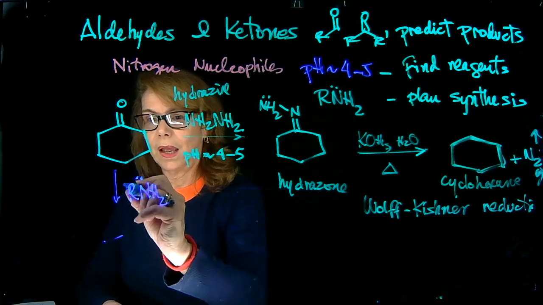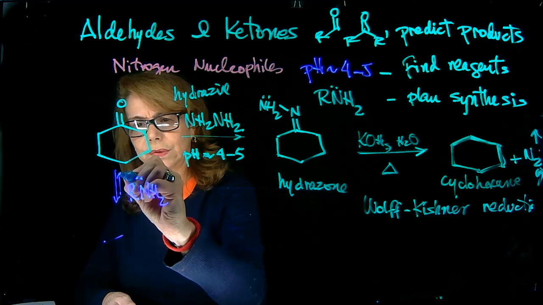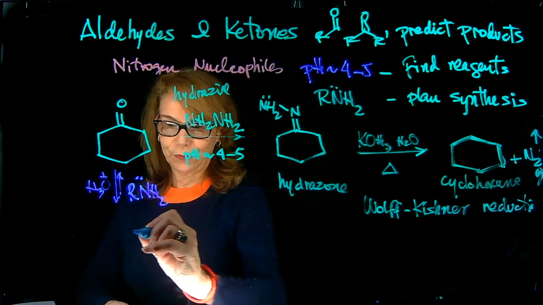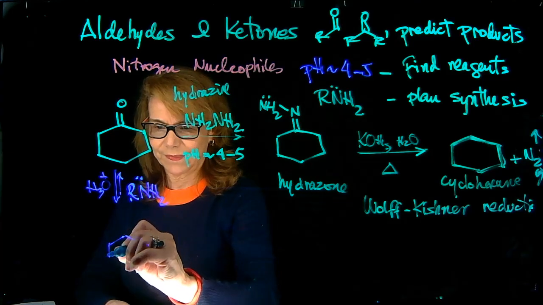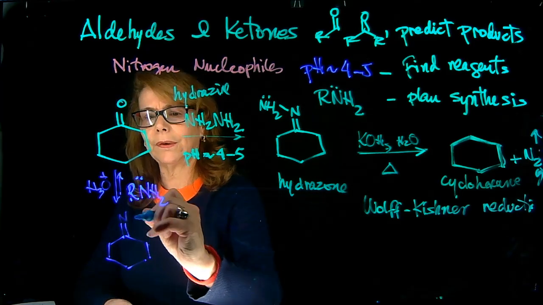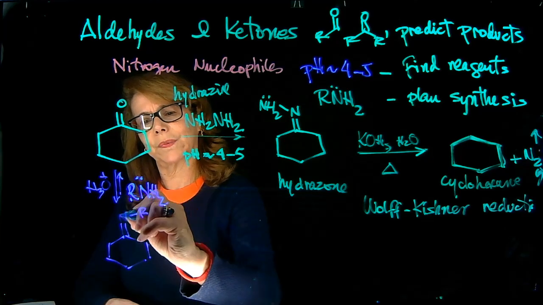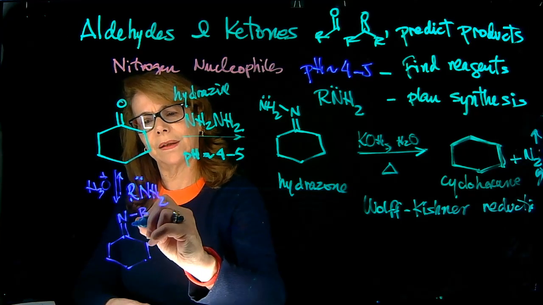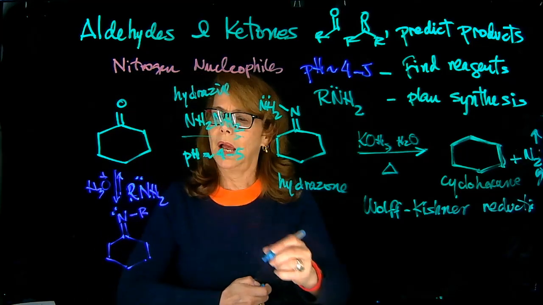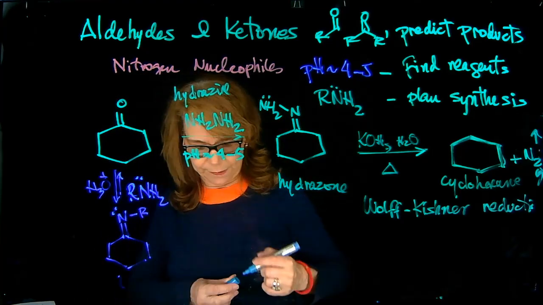We know that under acidic conditions, we will form an imine that will have a double bond here and an R group. So remember that. Double bond with the nitrogen and the R group. And so that is your imine.